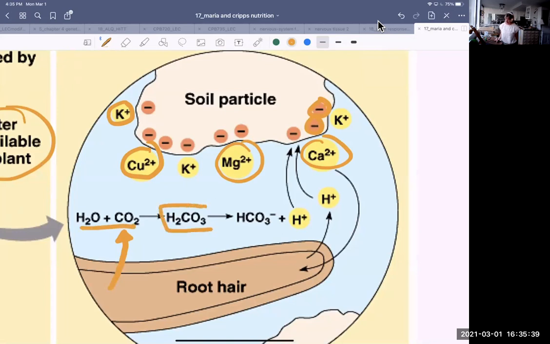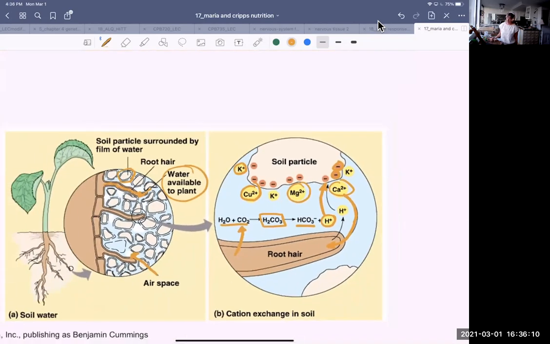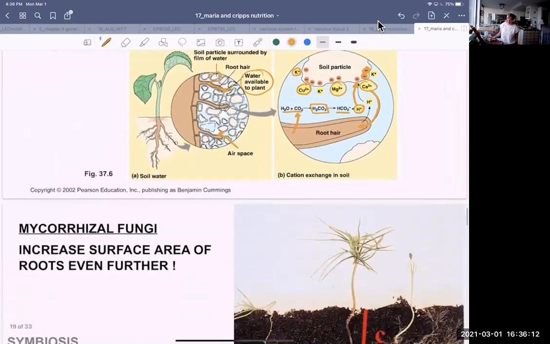It becomes carbonic acid. The carbonic acid dissociates into bicarbonate and hydrogen. And then the hydrogen gets attracted to the soil and displaces some of the positive ions that are sequestered onto the clay. That's another way in which the positive ions can be released from the clay and be made available to the plants.